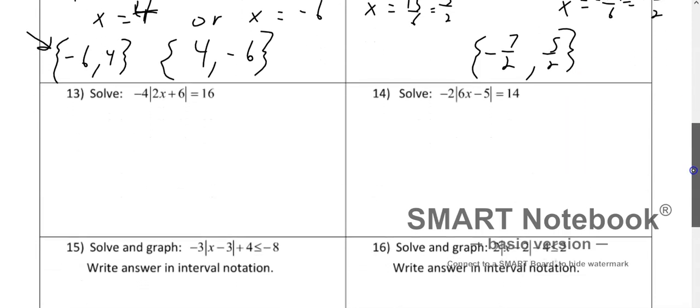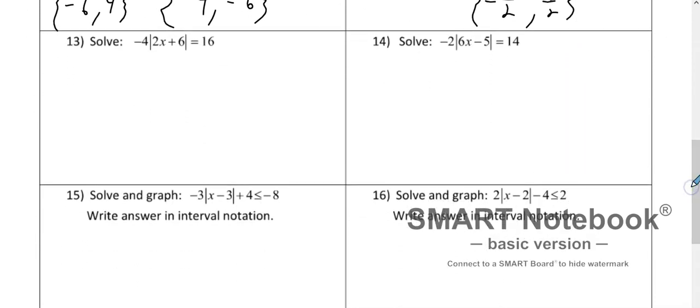Now remember, we said that you usually get two answers. If the number on the right side is 0, then you're going to get one answer. And if this number over here is negative, you're going to get 0 answers because there's no solution.